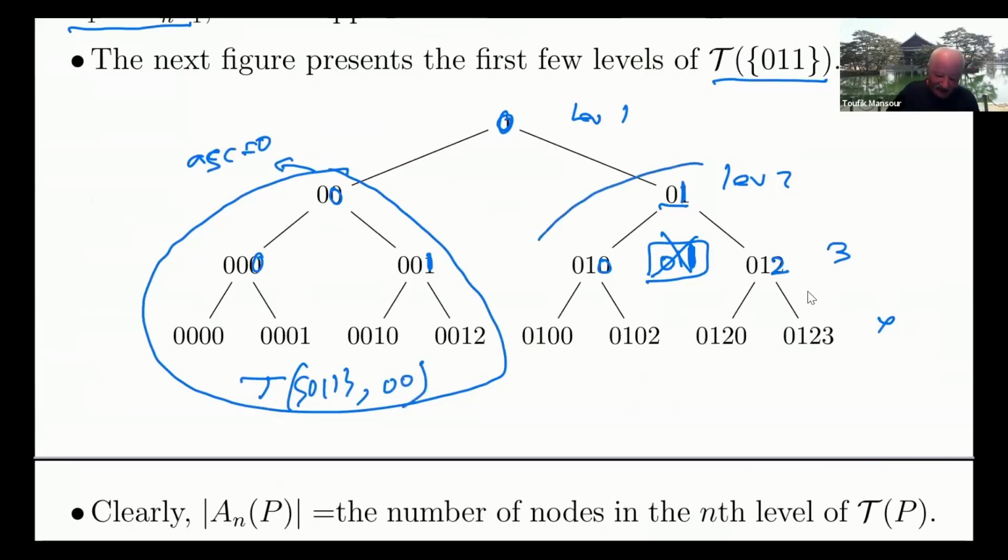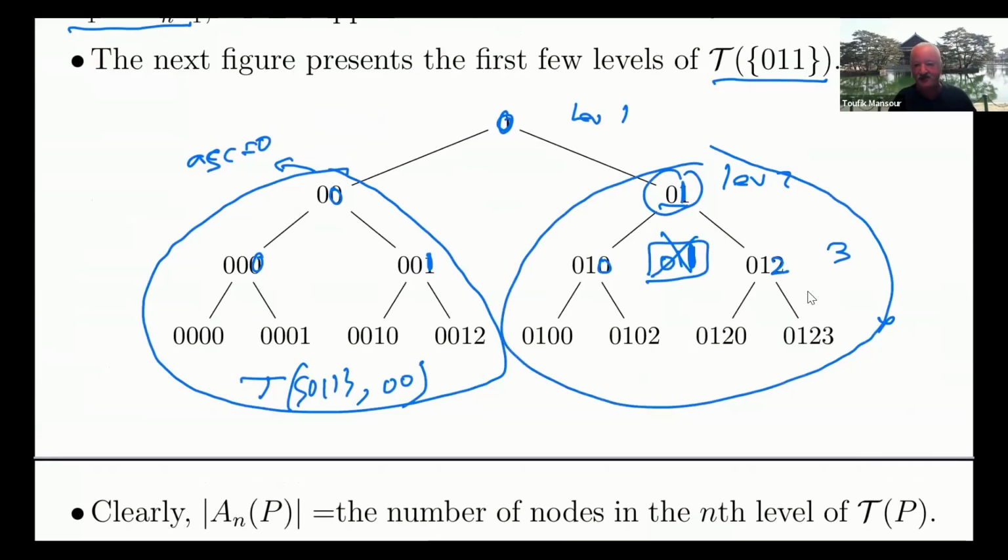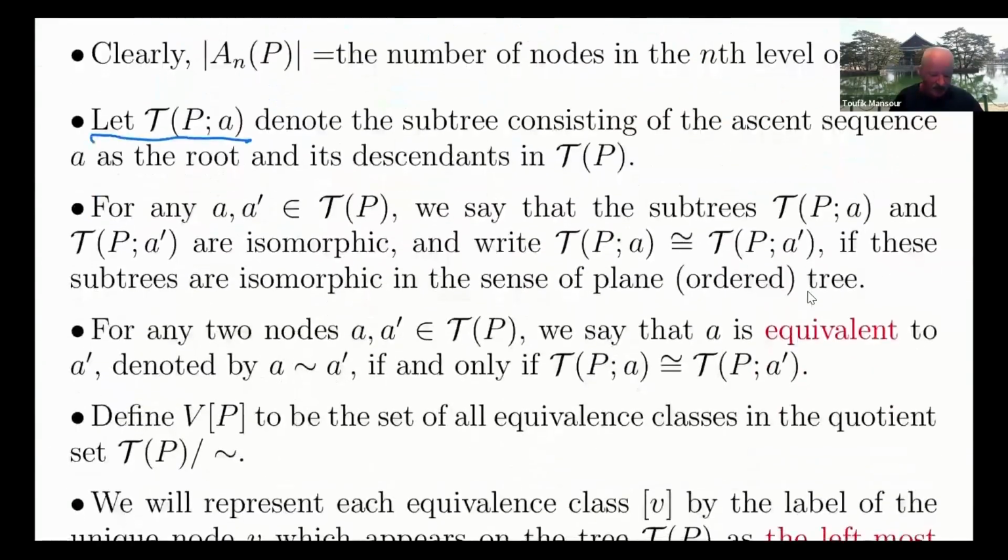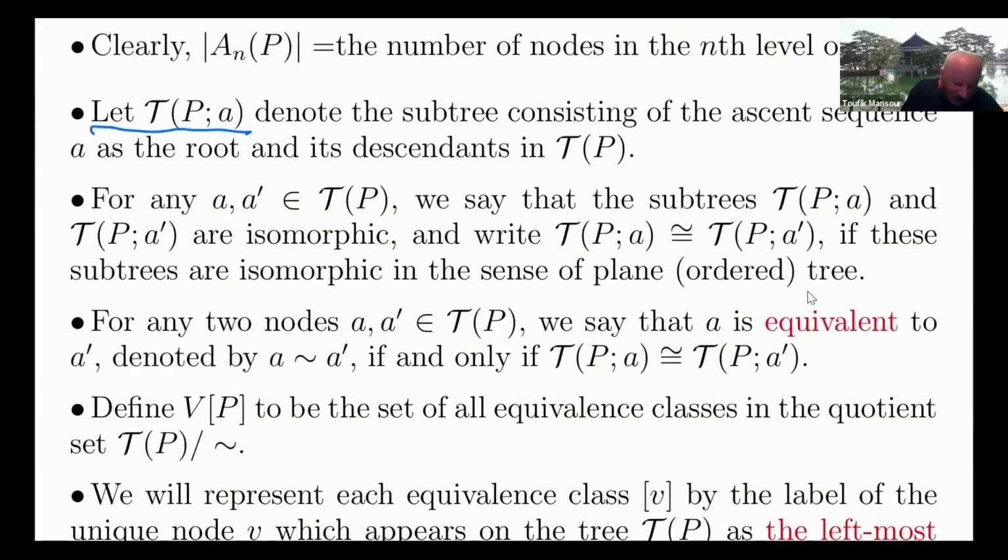And this is another tree, but the root is 0 and all its children. For any two ascent sequences A and A prime in the tree, we say the subtrees are isomorphic, and we write it in this way, if these subtrees are isomorphic in the sense of a plane ordered tree.